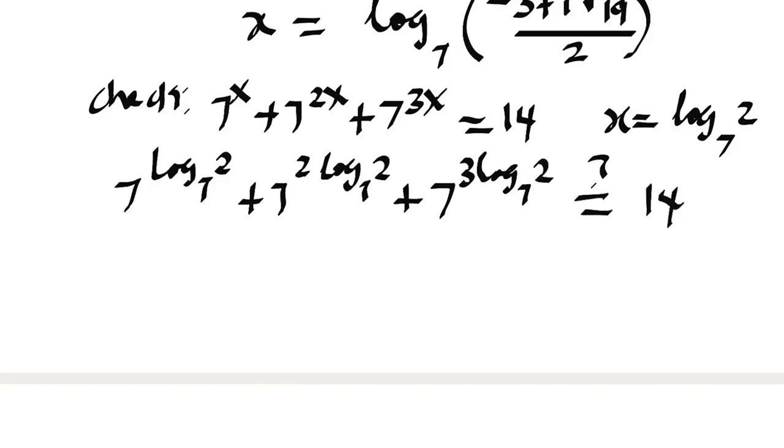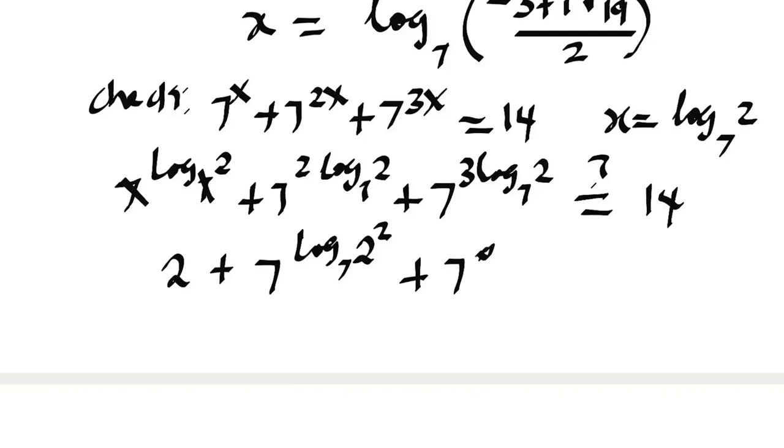So you see that here, this we cancel this. We're going to have 2, then plus 7 to the power of log base 7 of 2, all to the power of 2, plus 7 to the power of log base 7 of 2, then 2 to the power of 3. Is this going to give us 14?